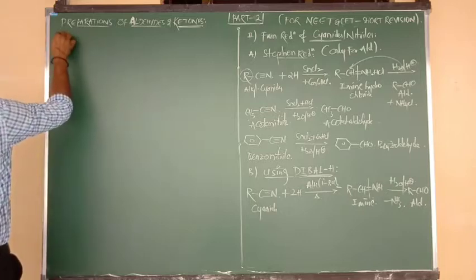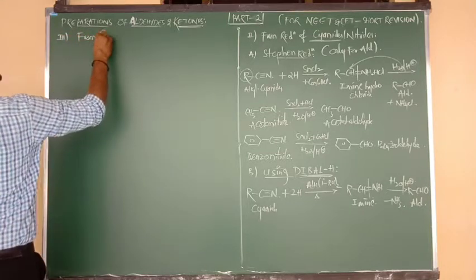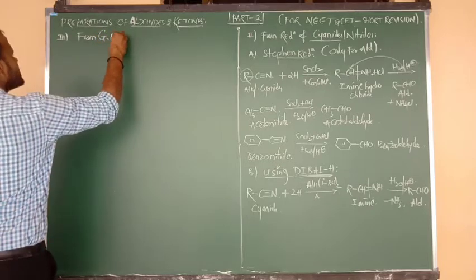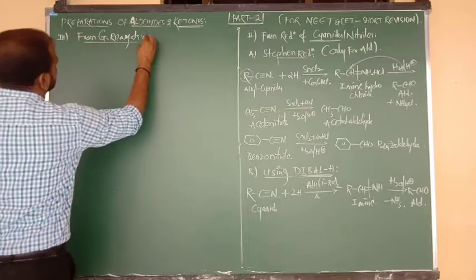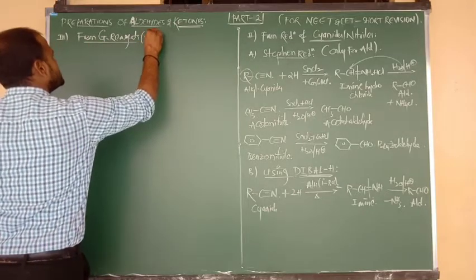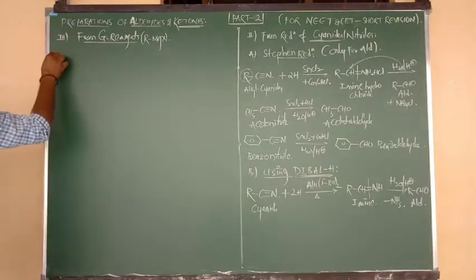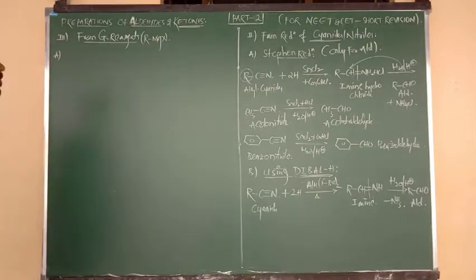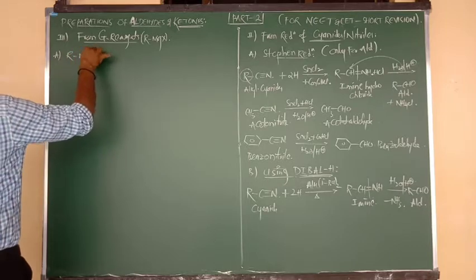Yes, number 3, from Grignard reagents. What is the formula of Grignard reagents, beta? RMgX. Yes, the formula of Grignard reagent is nothing but RMgX. Here I am going to show you the first method. Grignard reagent formula is RMgX.